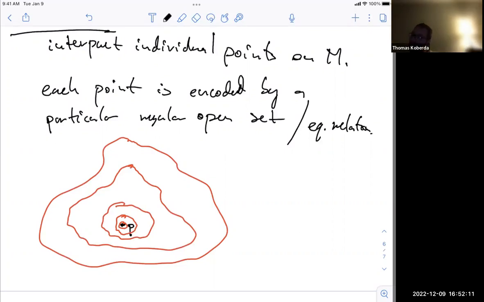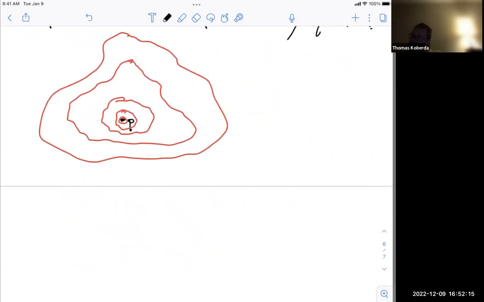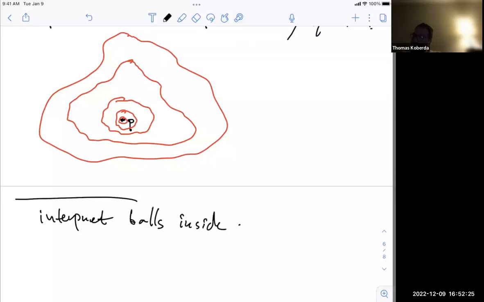And so the last thing that one needs to do is to interpret balls inside of M. For this, first of all, we needed to be able to interpret the dimension of a manifold.